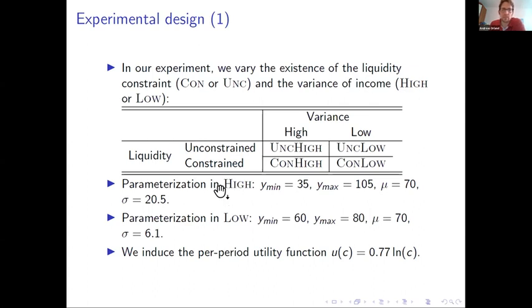When income uncertainty is high or low, in both cases, we keep the mean constant and only change the spread around the mean. So in low, you can be sure that you're, say, closer to the mean of 70, whereas in high, you cannot be that certain.